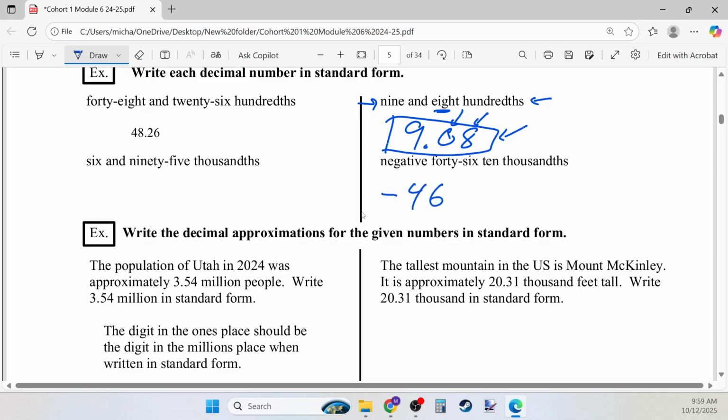Negative 46 ten thousandths. Oh, negative. We need 46, but we need this to be in the 10,000th spot. So this is 10,000ths. This is 1,000ths. This is the hundredths. This is the tenths, and we put the dot there. And this is the number we're looking for. You can do the other one on your own.